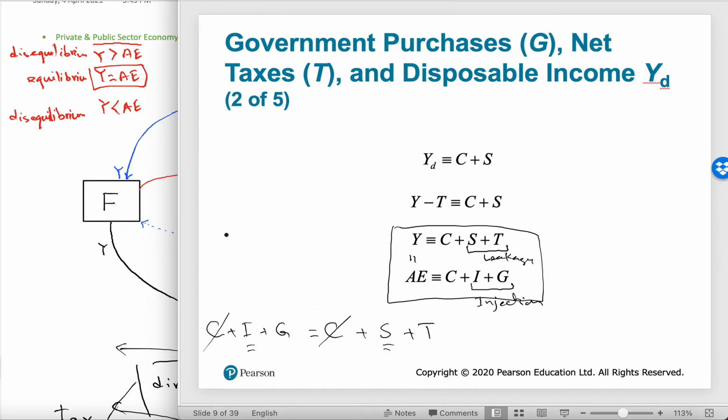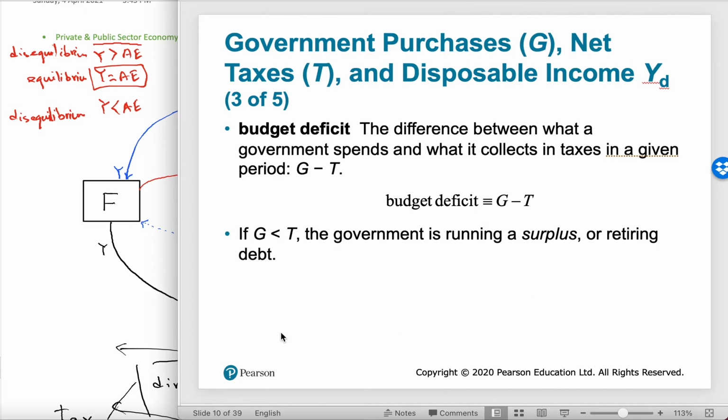So the equilibrium condition basically is Y equal to aggregate expenditure, similar to chapter 8. And would it be a balanced budget or an imbalanced budget? Depending on the situation.